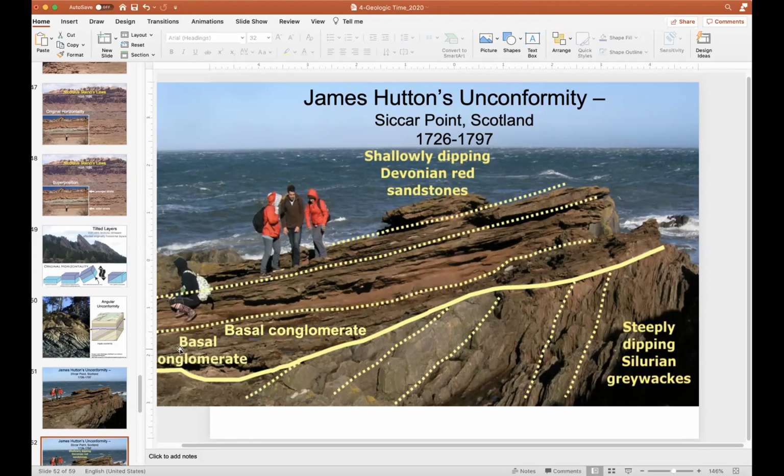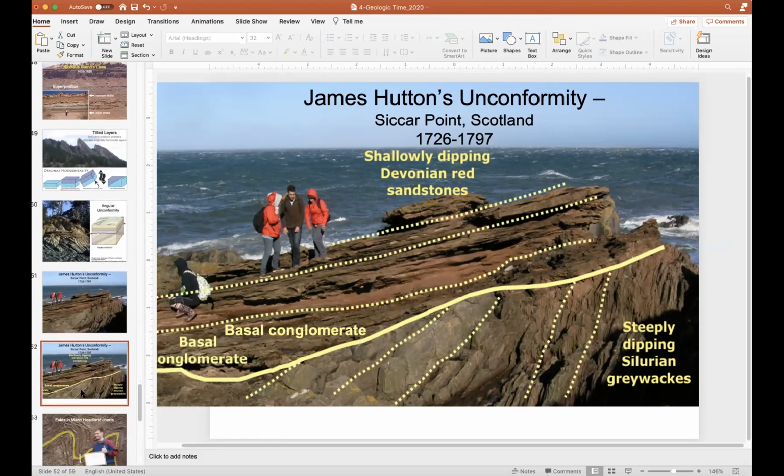Sometimes during the process of deposition, things erode, so it could be an erosive feature that explains this unconformity. We've got some coarse rocky material at the bottom and then finer sands on top. And then the last thing to happen was the whole package was tilted a little bit.